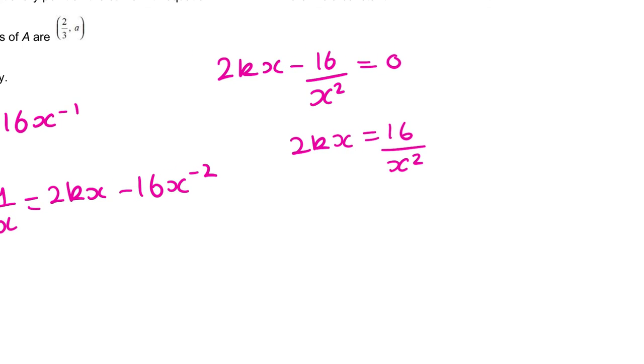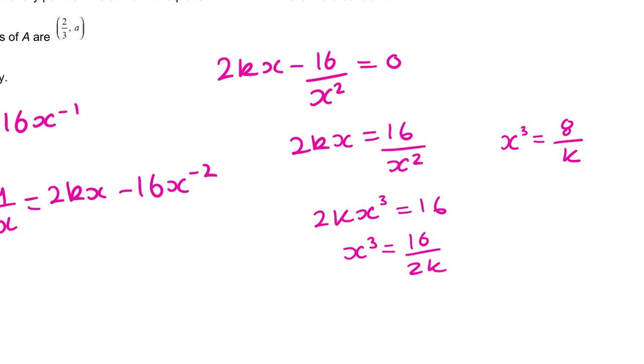If I multiply both sides by x squared, I'm going to get 2kx cubed equals 16. So x cubed equals 16 over 2k. X cubed equals 8 over k. So x equals the cubed root of 8 over k, which we know is x equals 2 over the cubed root of k.